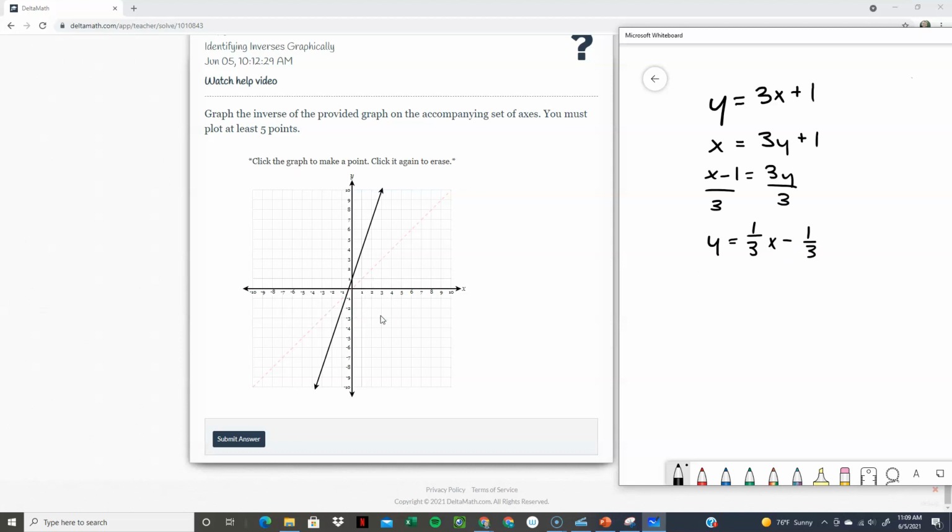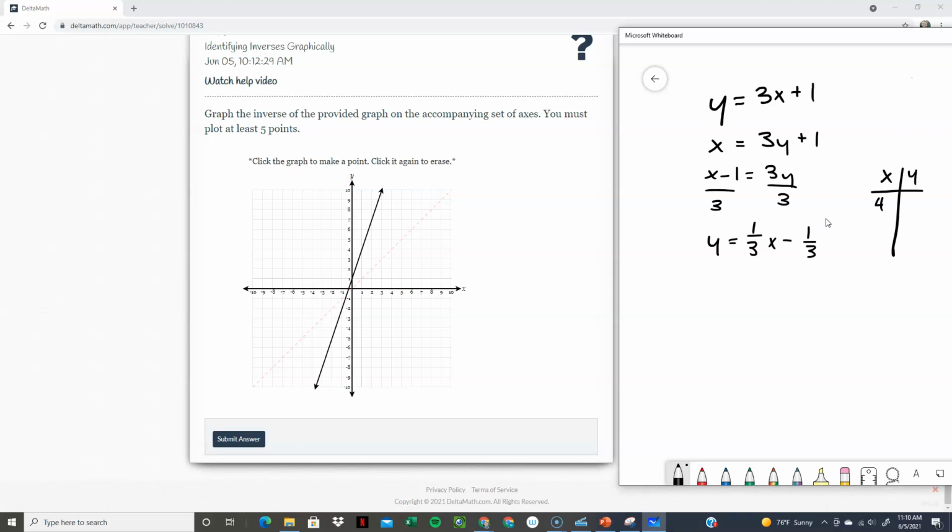So that's not one that we can plot because it's only letting us plot on grid lines here, no fraction plots. So let's see, what is one that we could do? I'm thinking we could plug in 4 for x. Let's make a little table.